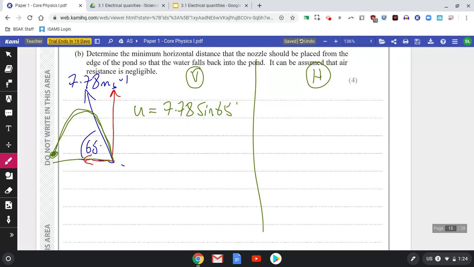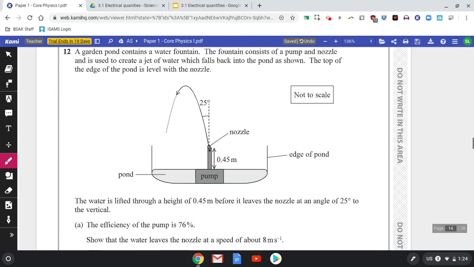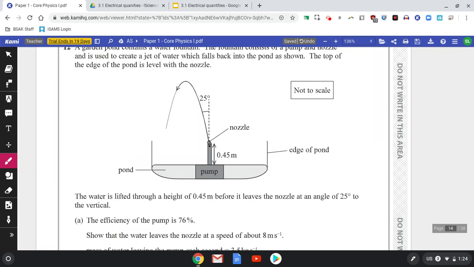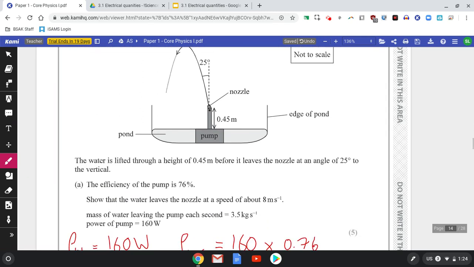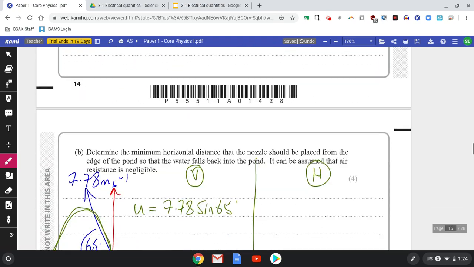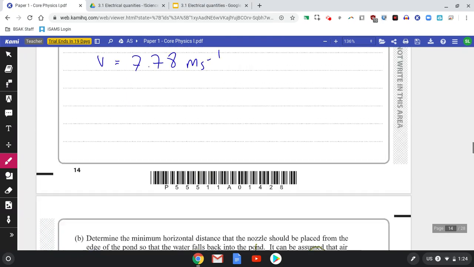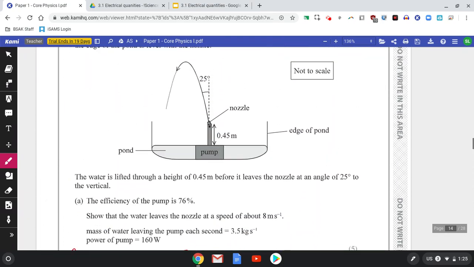Hang on a minute. Just pausing there, I'm just checking that. There's the start point, isn't it? So the water is ejected. It's going to follow this parabolic curve.